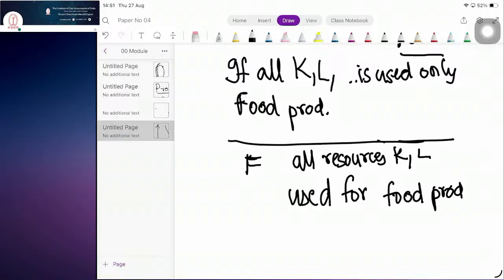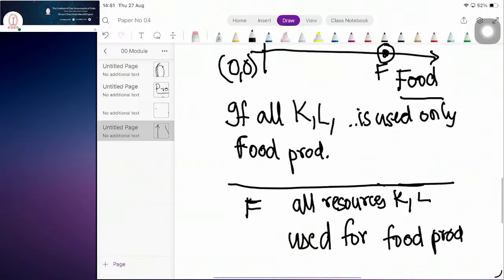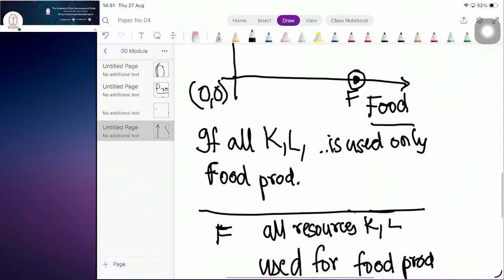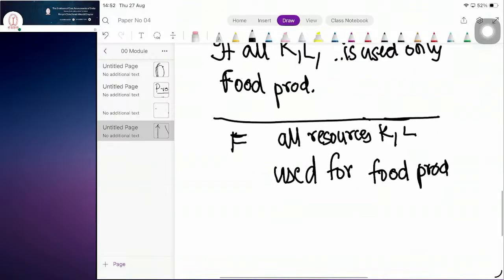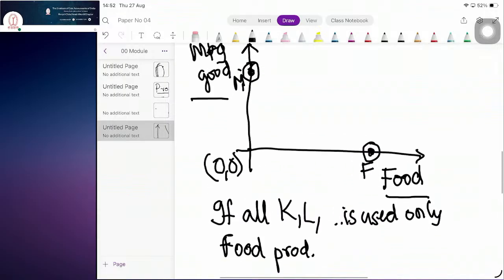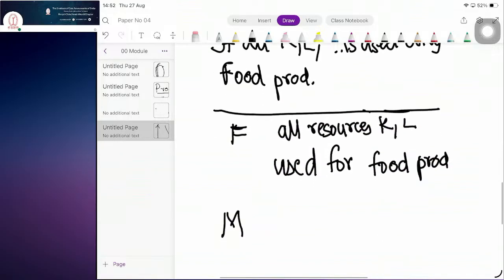Are you getting this? Correct? Can you write a similar description for M? At M, what is happening? What description will you write? All capital and labor are used only for manufactured goods.